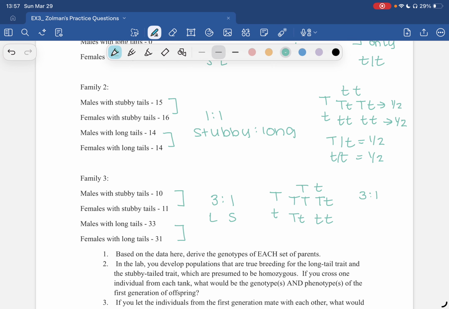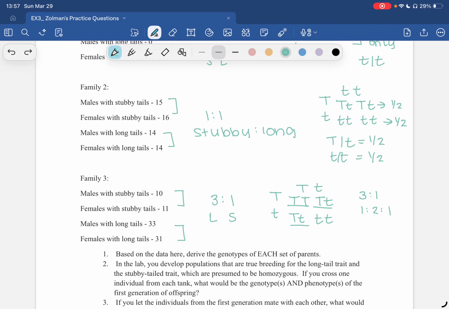So physically, 3/4 are going to look the same, 1/4 will look different, but it's going to give you that 1-to-2-to-1 genotype. So again, genotype, you'd have 1 that's homozygous dominant, 2 that are heterozygous, and 1 that's homozygous recessive. So that's where you get your 1-to-2-to-1.